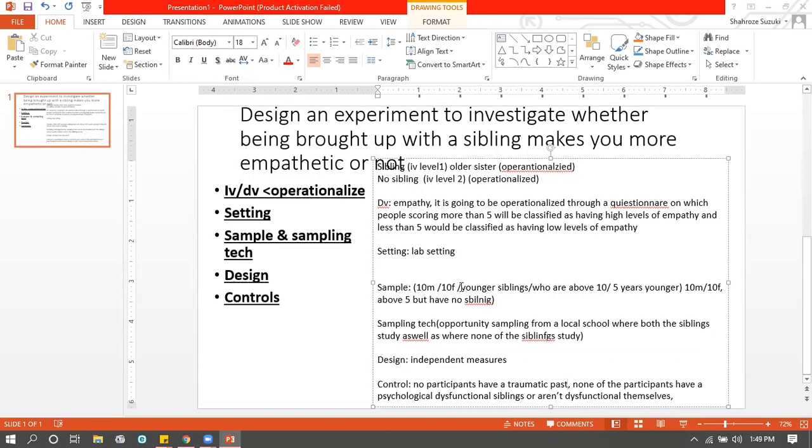All right. So what about the ages of people? You said that both people having siblings and people not having siblings should be above 10. So you made the ages the same for both groups as well, right?